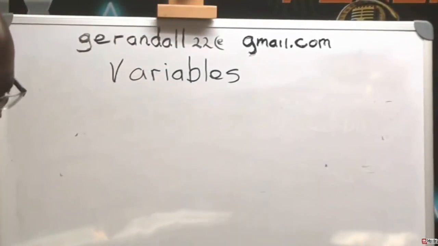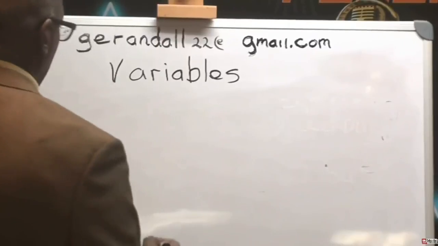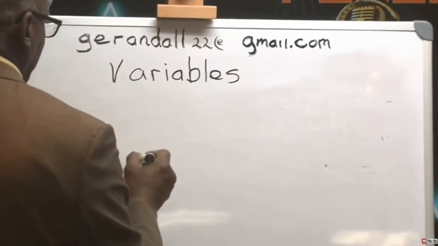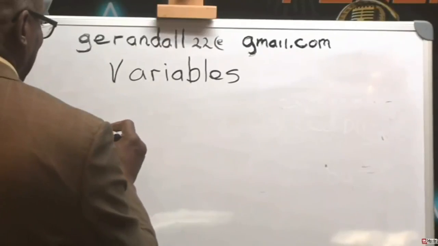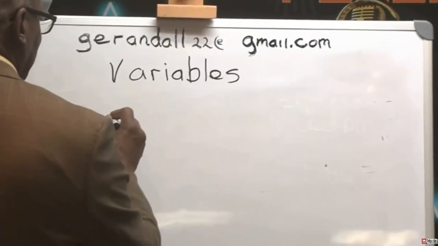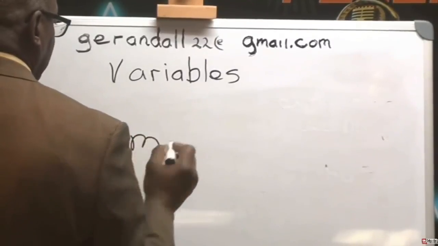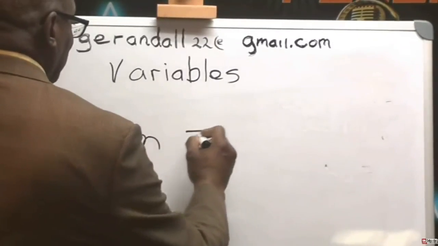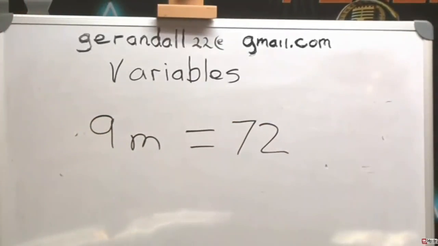And here's another. The product of a number multiplied by 9. A product. So that means multiplication. Multiplied by. And it equals 72.